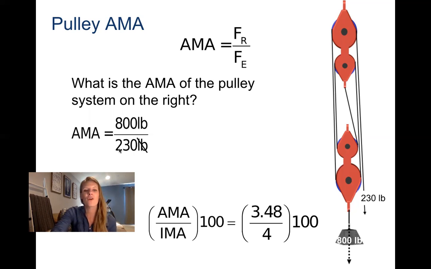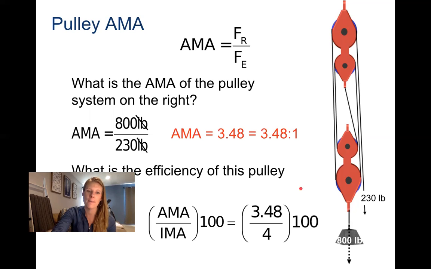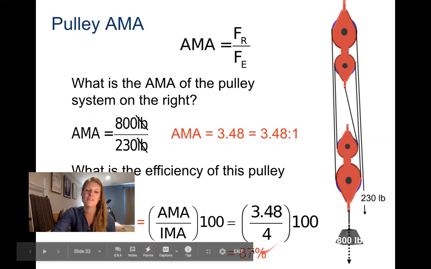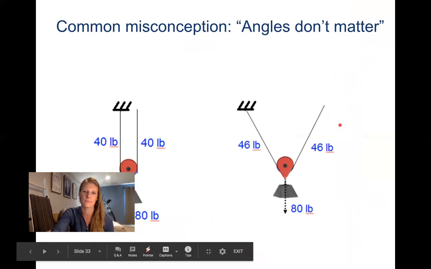So 800 over 230 gives an actual mechanical advantage of 3.48. That's not the ideal. Our ideal was 4 because there are 4 strings. So you can see we end up with an efficiency of about 87% for this pulley. So that's the calculation part of it.